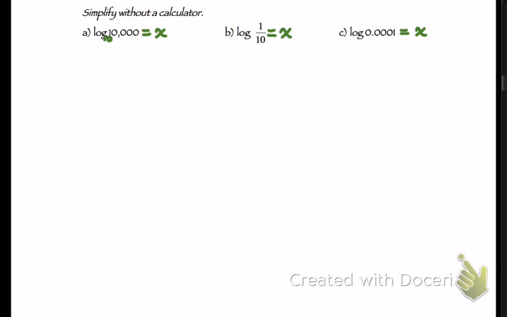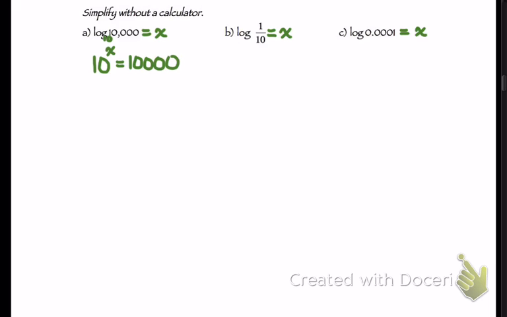So let's do that. If I write it as an exponent, I get 10 to the x equals 10,000. From where we've been, I know that if I make the bases the same, I can drop the base and set the exponents equal to each other.